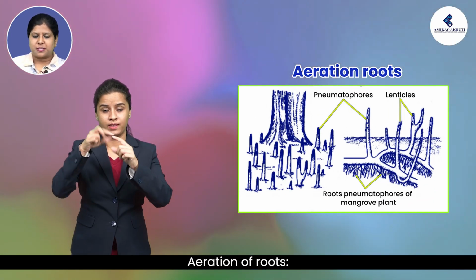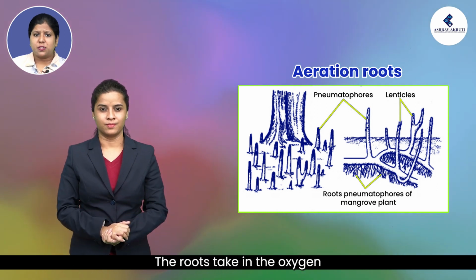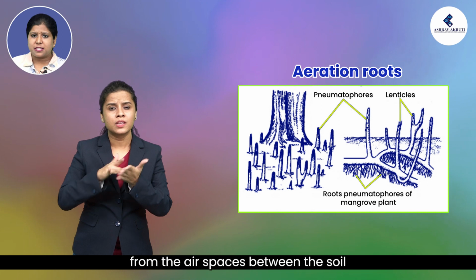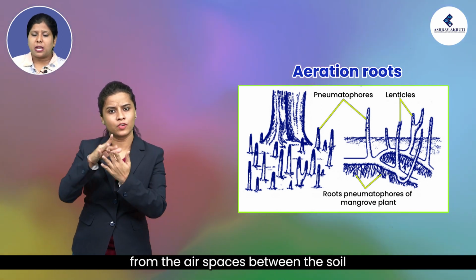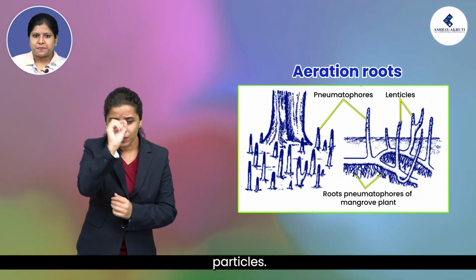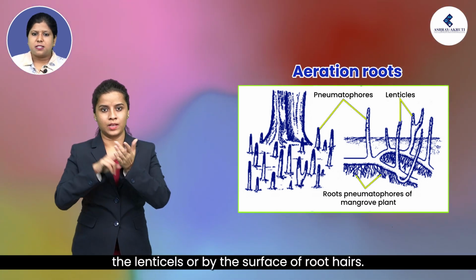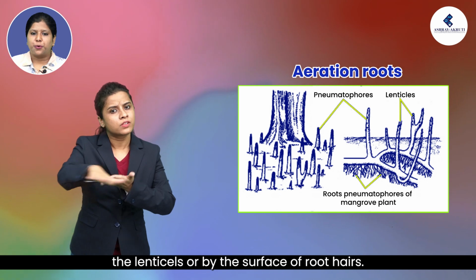Aeration of roots. The roots take in the oxygen from the air spaces between the soil particles. This occurs through the lenticels or by the surface of root hairs.